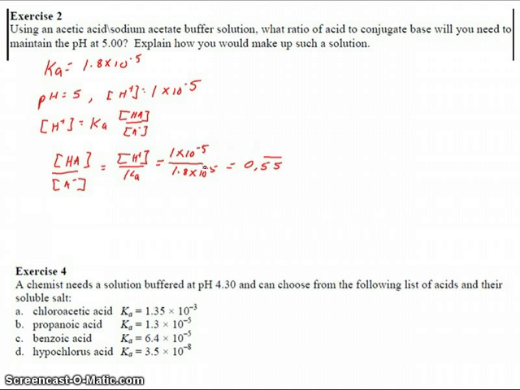So that means essentially that it's 5/9. So that's the ratio I need to maintain.